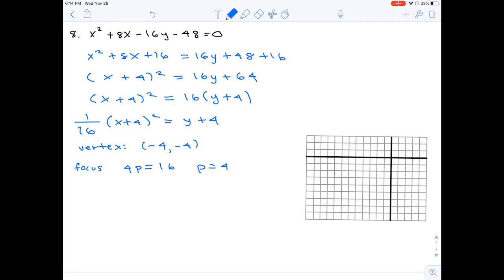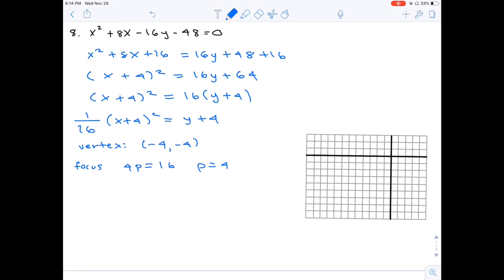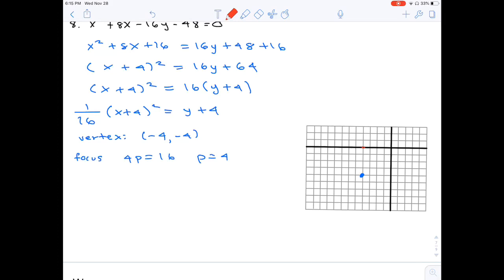Graphing what I have so far. So I have a vertex at negative 4, negative 4. 1, 2, 3, 4, 1, 2, 3, 4. Now, this is vertical, and p is positive, so my focus is going to be 4 units up. So right here, my directrix is going to be 4 units down from the vertex, so 1, 2, 3, 4.